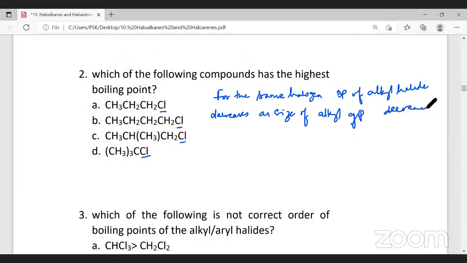Now, for isomeric alkyl halides, boiling point decreases as branching increases.